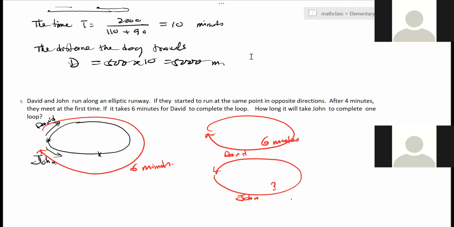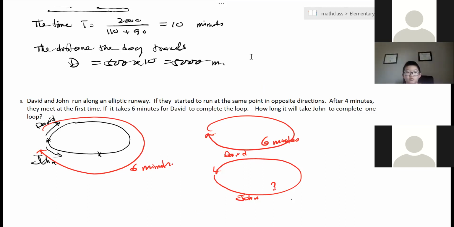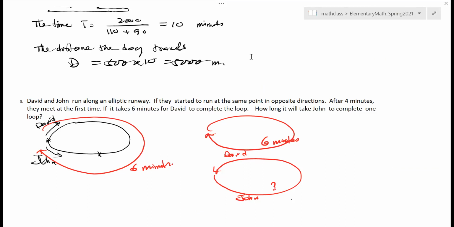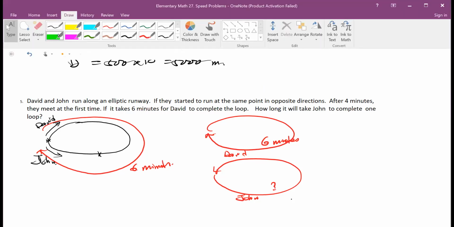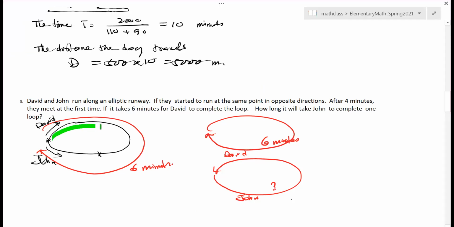All right. So in order to find the relation between John's speed and David's speed, you have to use the other given information. The other given information is that after 4 minutes, they meet. So let me draw the picture. David is here.